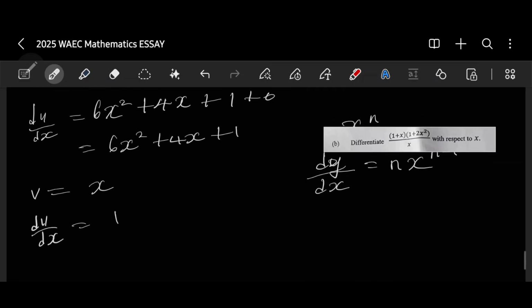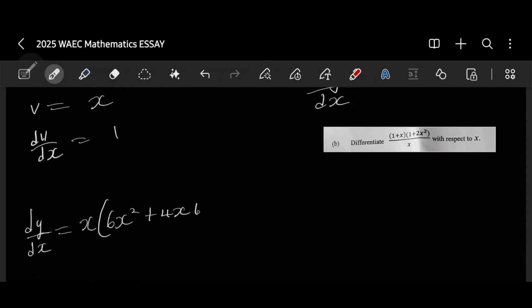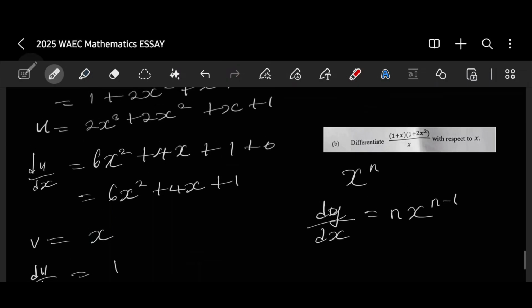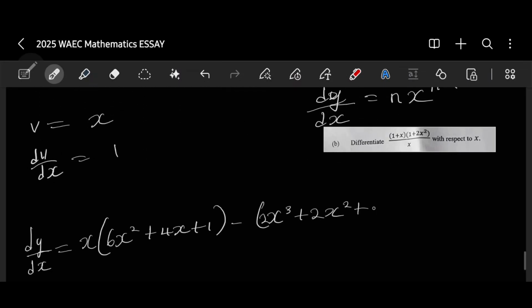I'm going to put this into the formula. dy/dx is equal to v, which is x, times du/dx, which is 6x squared plus 4x plus 1, minus u dv/dx. The dv/dx is 1, and u is 2x cubed plus 2x squared plus x plus 1, all times 1.